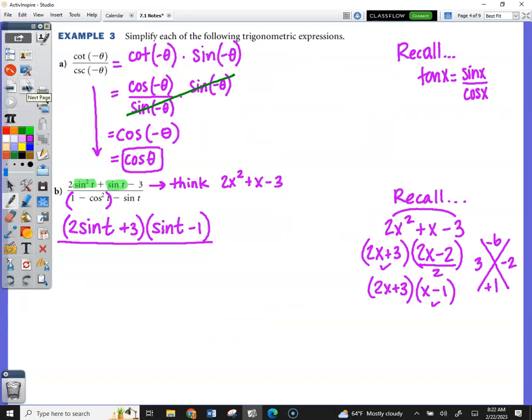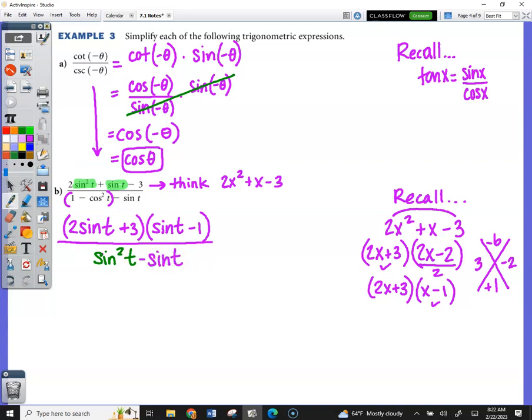Going back over. All right, so I'm grouping this, and I'm saying to myself that 1 minus cosine squared is actually sine squared. I'll change colors so you know where it comes from. That's actually sine squared, and then I'm going to copy what's left.